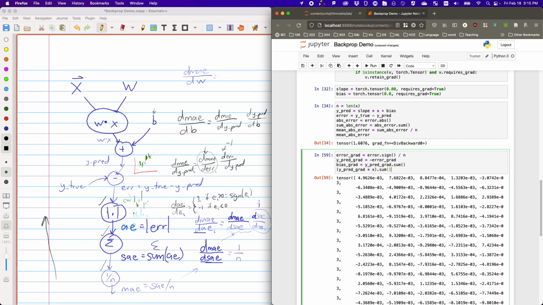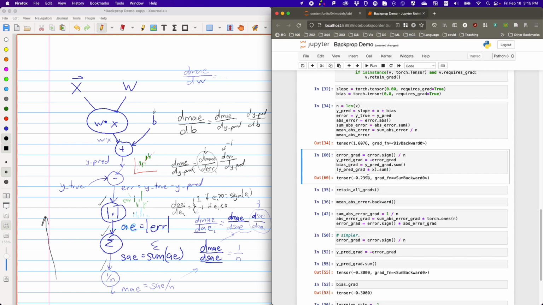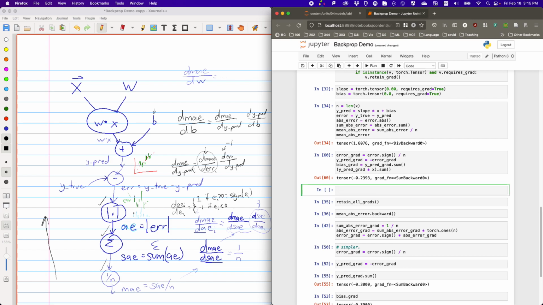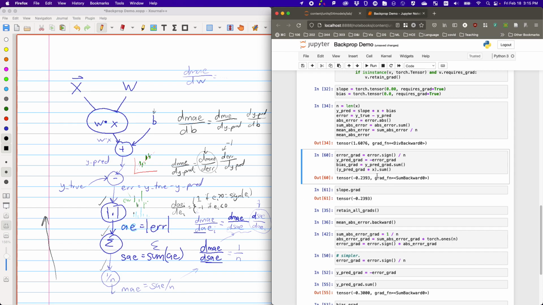We can take all those numbers and sum them. Just like we did for the bias, we'll sum up all of the contributions of each one of the data points, and that should match up with the slope grad. And there it is. So now we basically have slope grad.